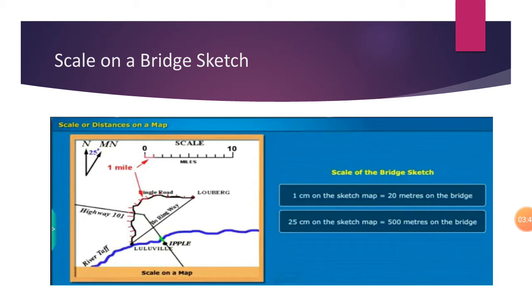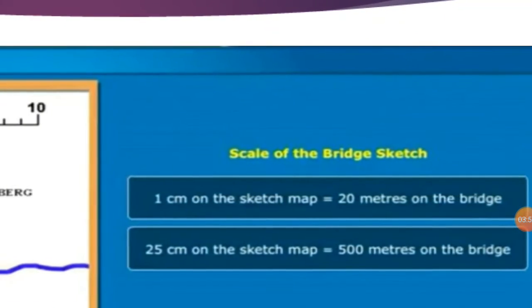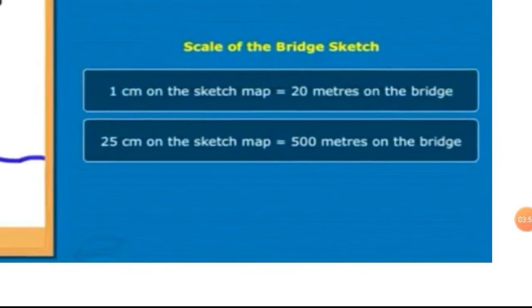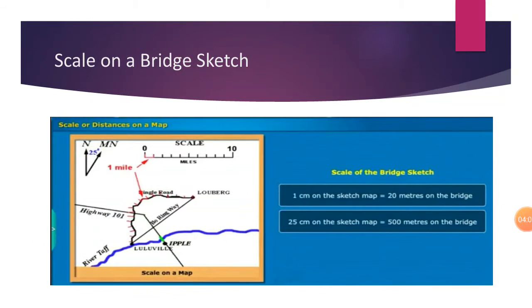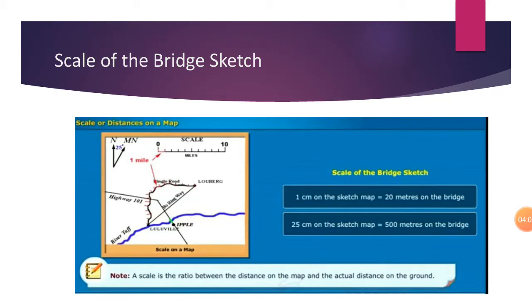In our example, the relation between the distance on the bridge and in the sketch is as shown on the screen. Note: a scale is the ratio between the distance on the map and the actual distance on the ground.